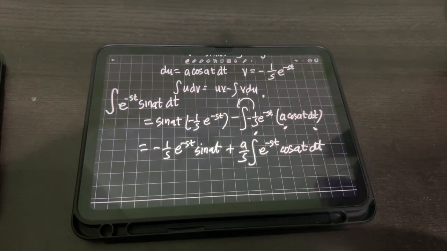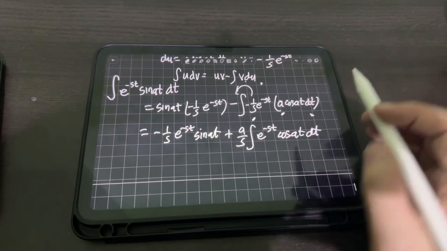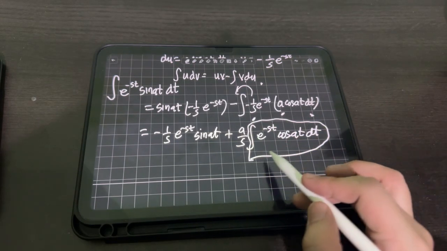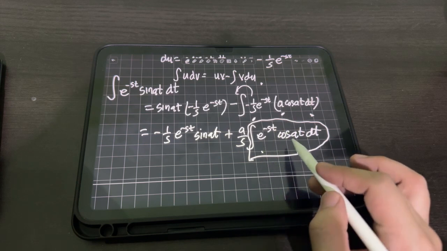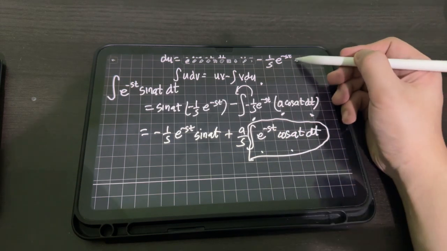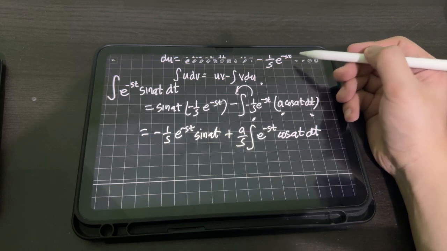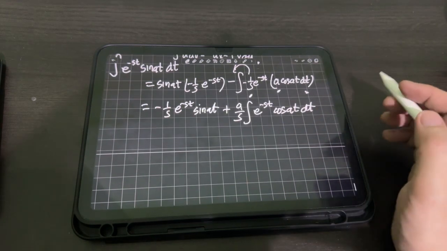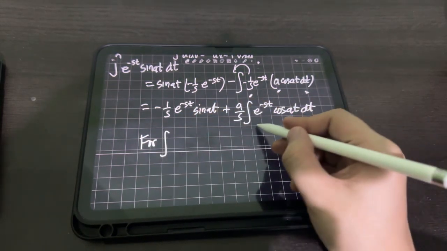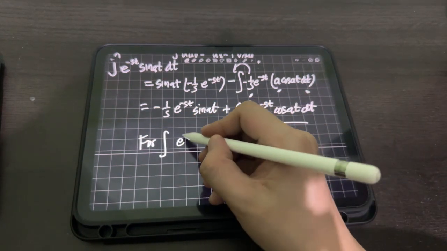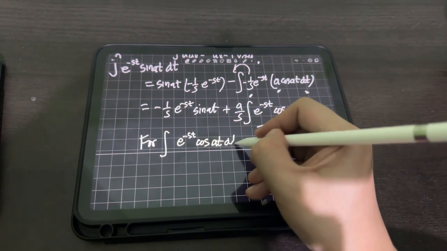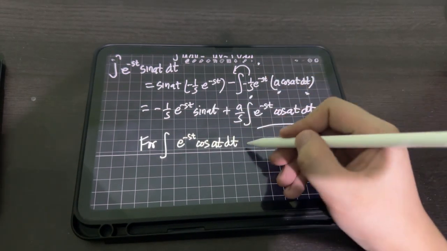Okay, but notice that we still have another integral of e times a trigonometric function, this time cosine. So this can be evaluated again using another integration by parts. For the integral of e to the negative st cosine at dt, use IBP again.